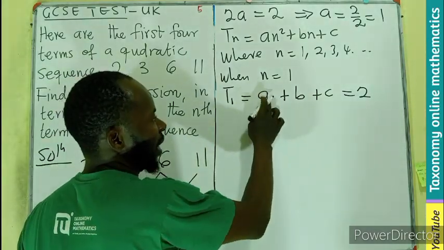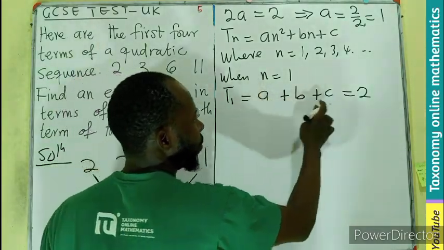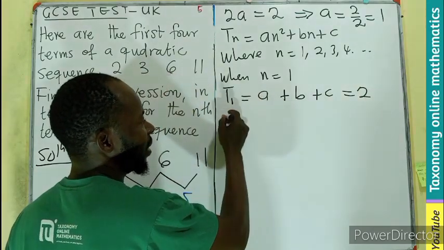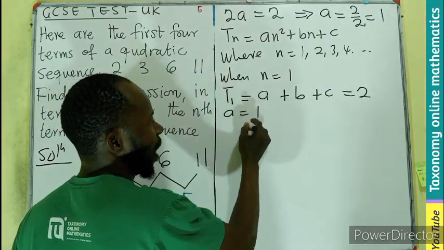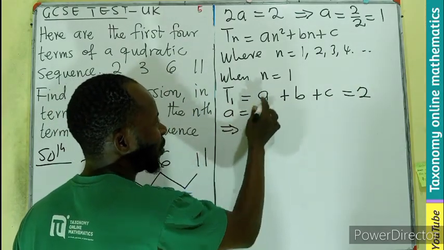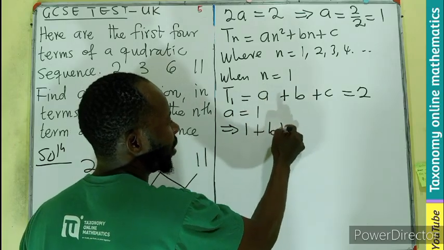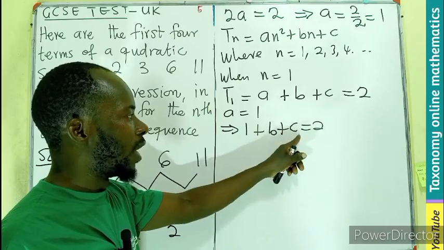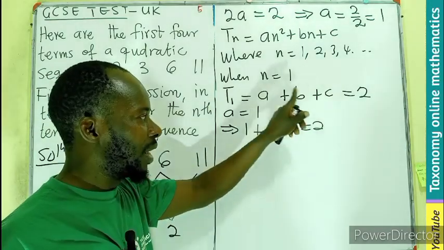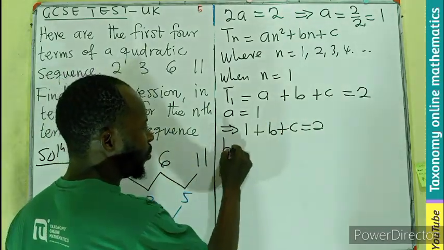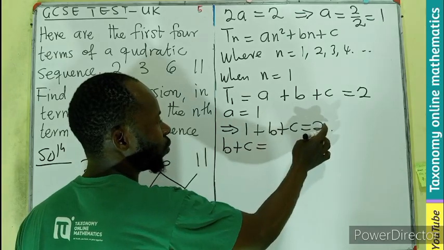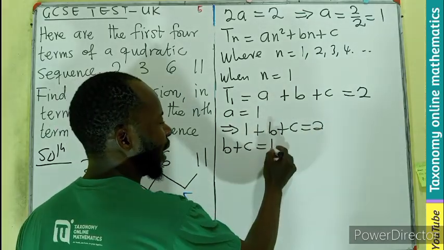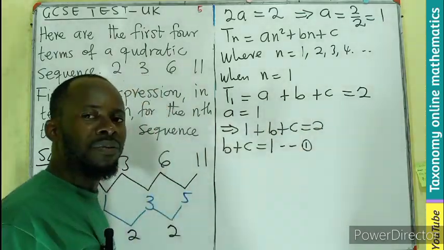We already know a equals 1, so 1 plus b plus c equals 2. The 1 is a constant and can be transferred, meaning b plus c equals 2 minus 1, which is 1. That gives us the first equation.